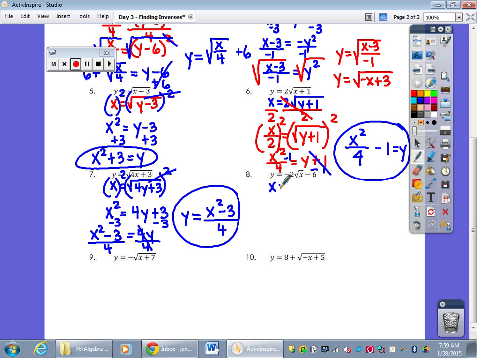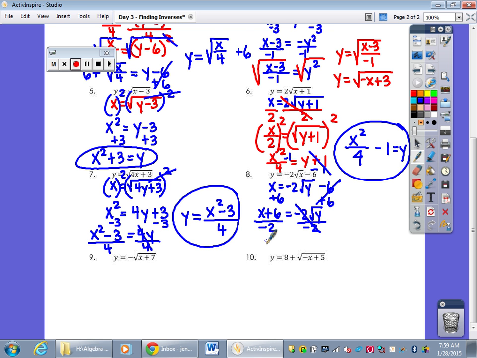Next one, x equals negative 2 square roots of y minus 6. So first thing we want to do is add 6. We'll add 6 over here. So x plus 6 equals negative 2 radical y. Cancel. Then we divide by negative 2.